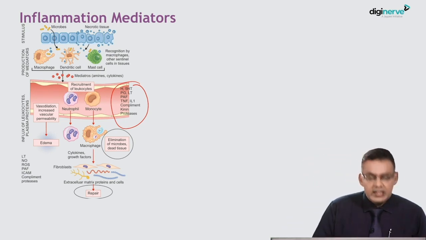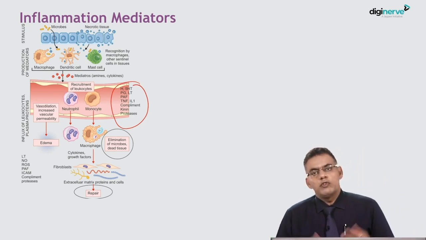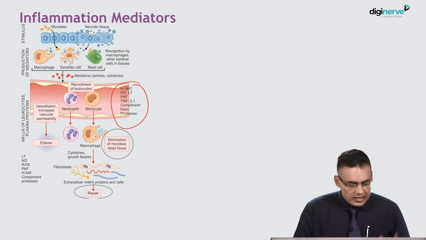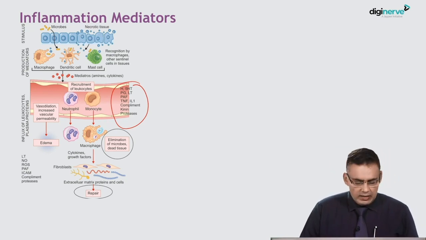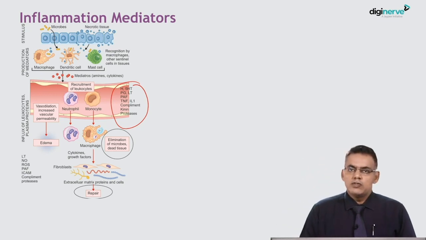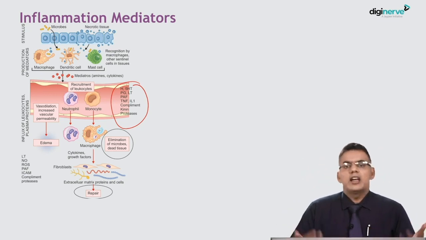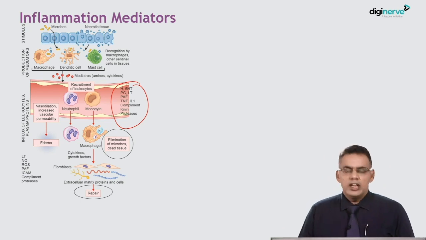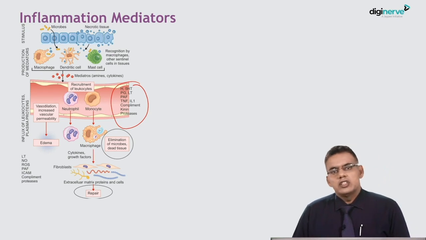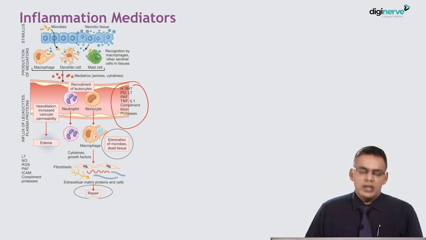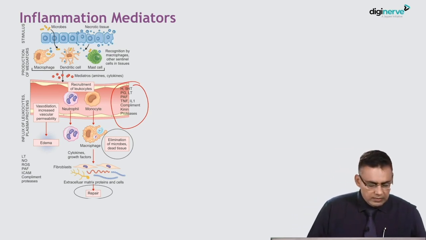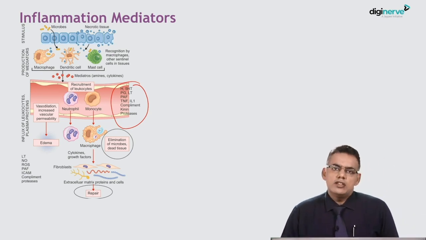If they are taken care of by the involvement of neutrophils or monocytes, this event is over. But in case it keeps on persisting, it results in chronic inflammation, and the various other mediators which could further aggravate this response are leukotrienes, nitric oxide, reactive oxygen species, platelet activating factor, ICAMs, that is adhesion molecules, complements, and proteases.